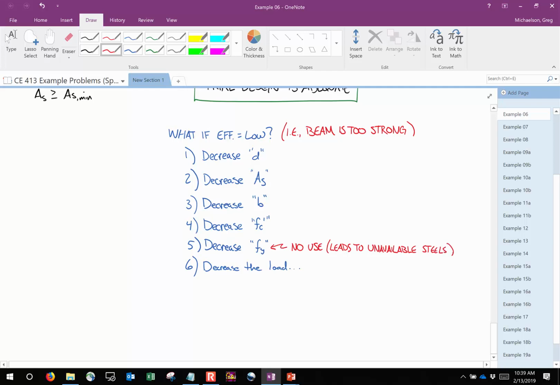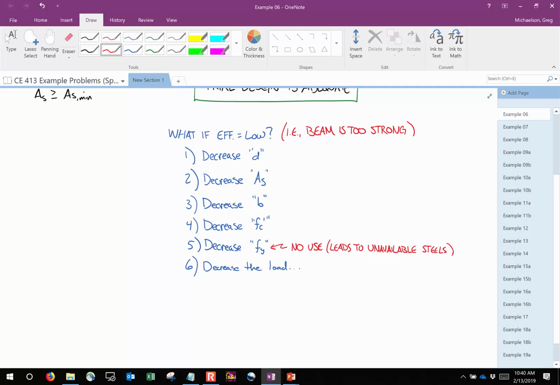In other words, grade 60 rebar is pretty much, for the most part, what's around, okay? It is by and large the most common rebar that there is, period. So in design mode, I would not worry about changing your FY because there's no use. Go to Huntington Steel, go to Lowe's, that's what they got. So there's no point.